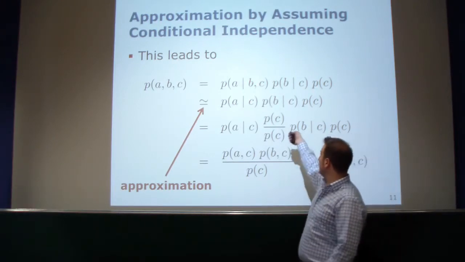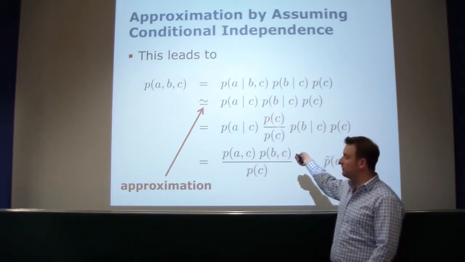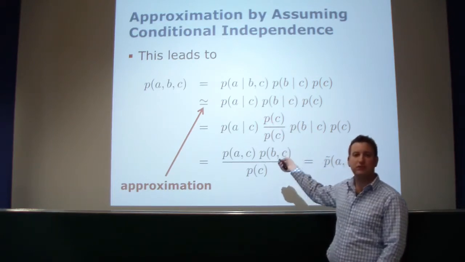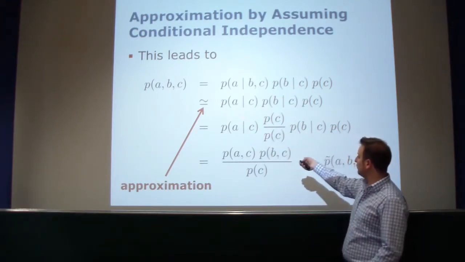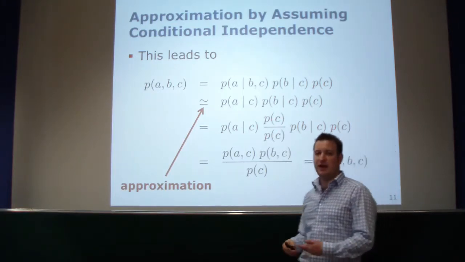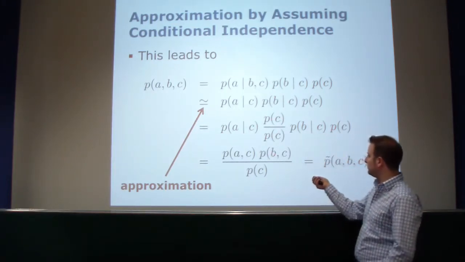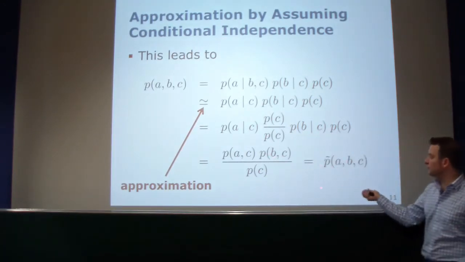So then what I can do is simply add a P of C divided by P of C, so this is 1, assuming that P of C is bigger than 0. And then I can group these two terms over here and these two terms and say this is P of A given C times P of B given C divided by P of C. And this is exactly my approximation.